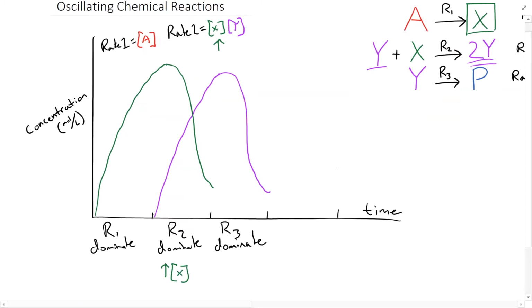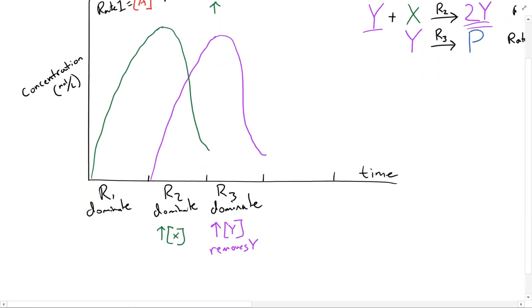Why does rate 3 dominate? Because we have very, very high concentration of Y. But if we notice here, what else does the rate 3 do? What is its job? It removes Y. As we remove this Y, what does that do?